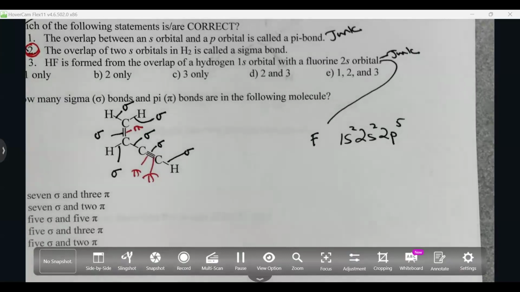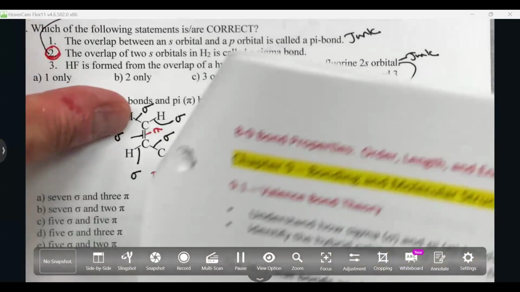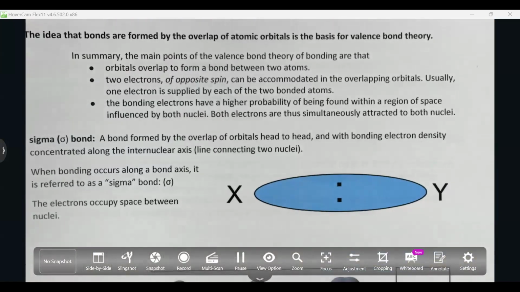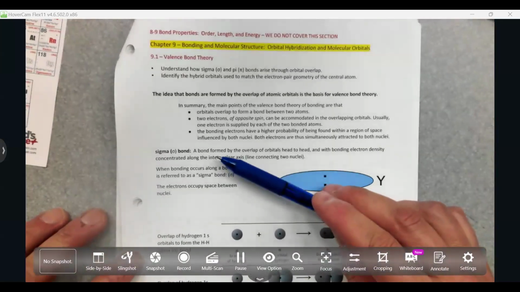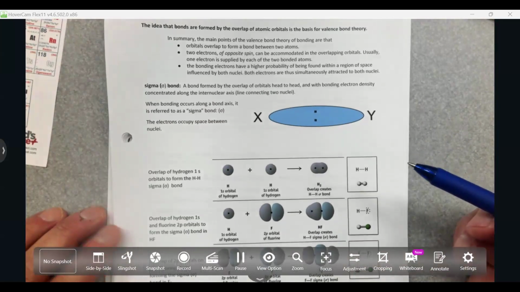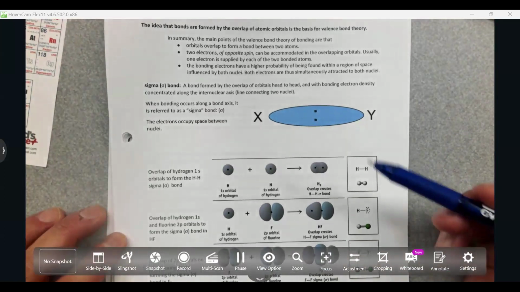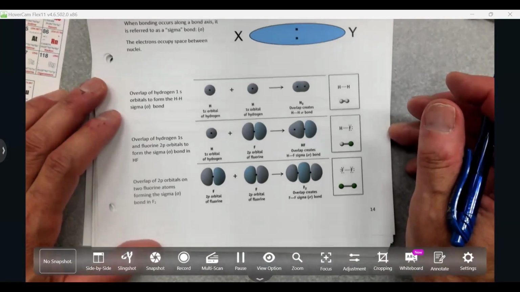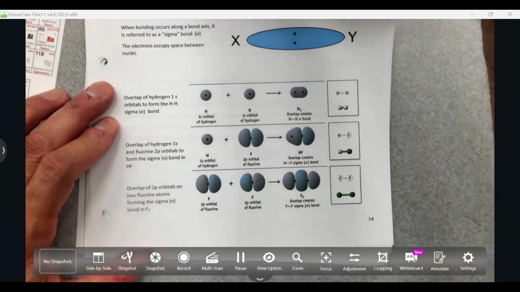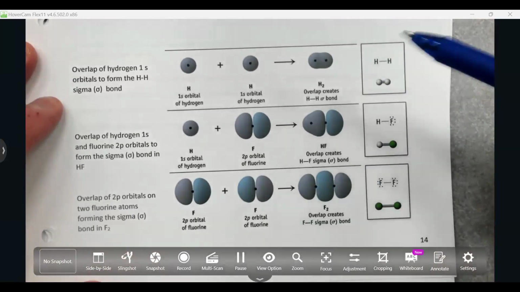What I'd like to do now is help you finish up some OWL. I actually have them here. This goes through sigma and pi bonds. And this is actually the quiz question we just looked at on page 14. But let's look at some OWL examples I have here.